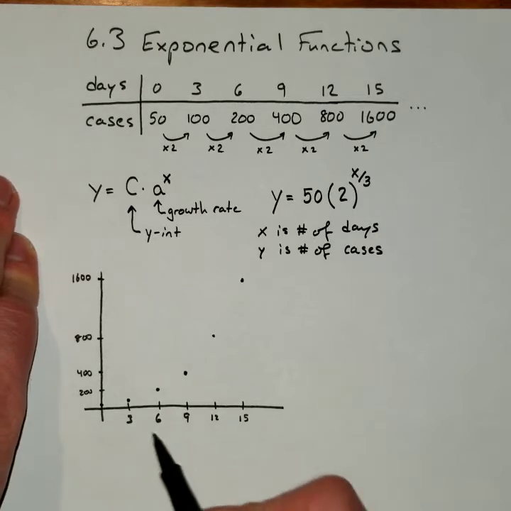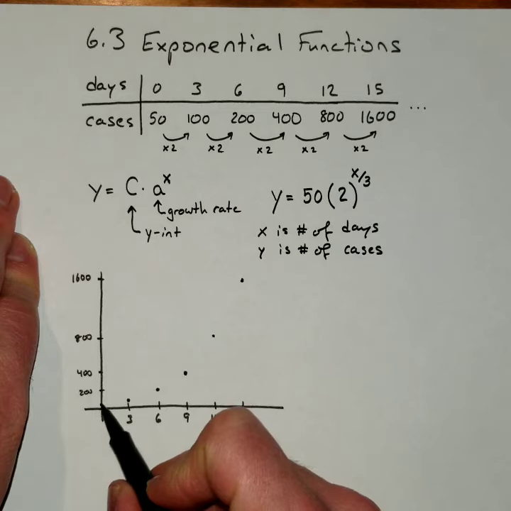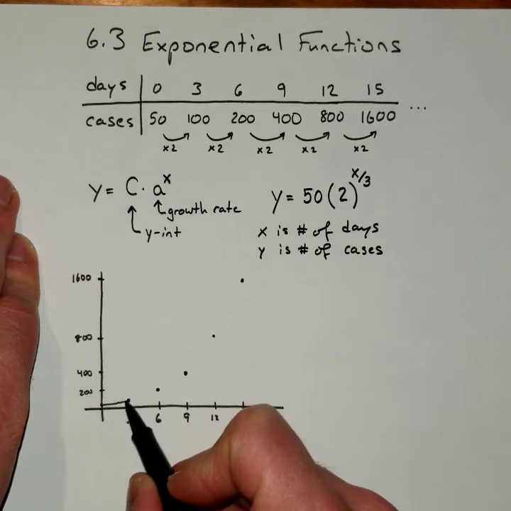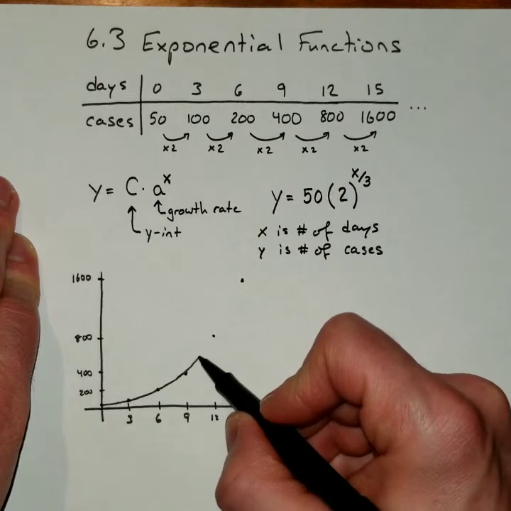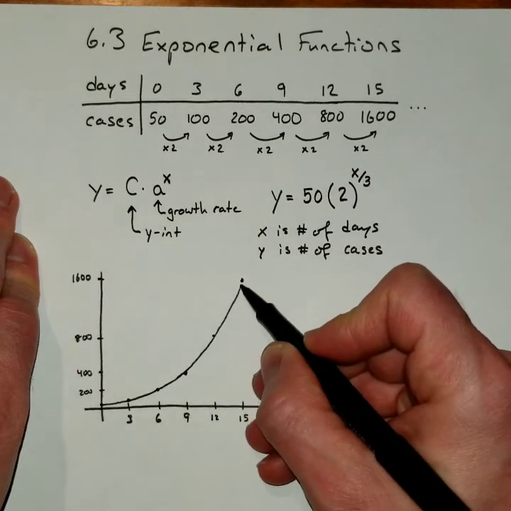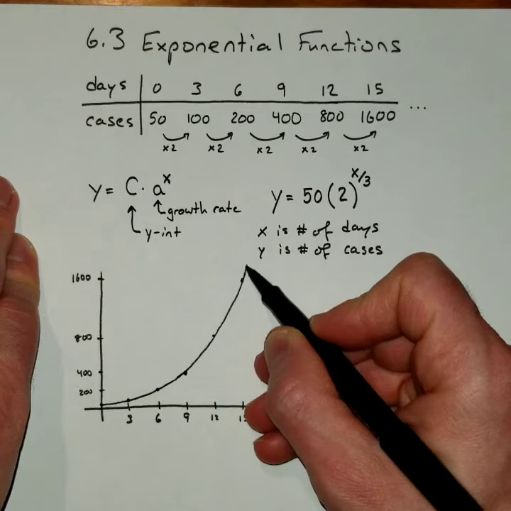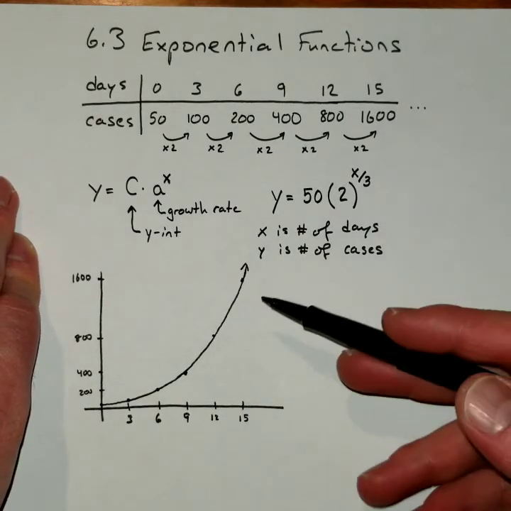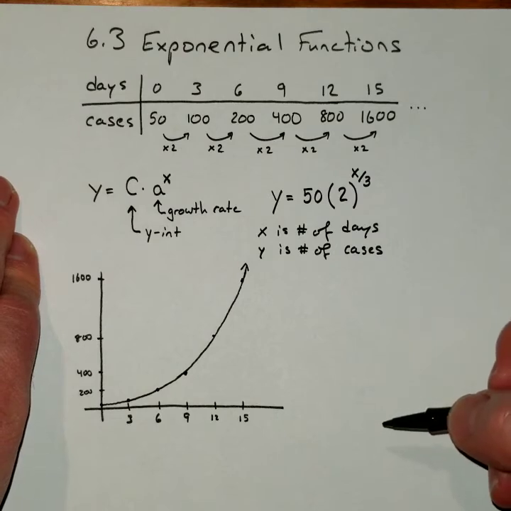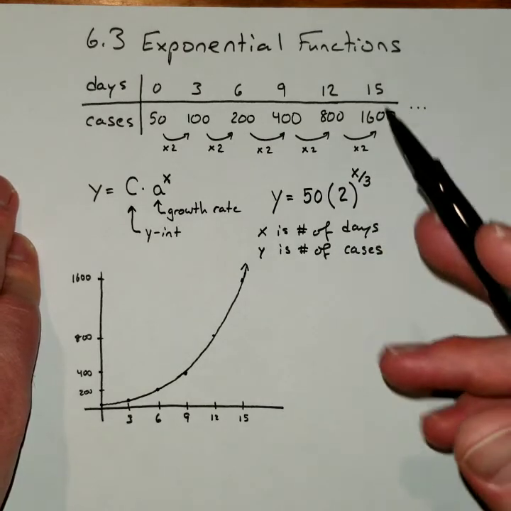Okay. And so the growth is starting out kind of slow, but then it turns and starts to increase super rapidly. In fact, by the time we get out to 30 days, this thing is going so fast, it's almost looking vertical.